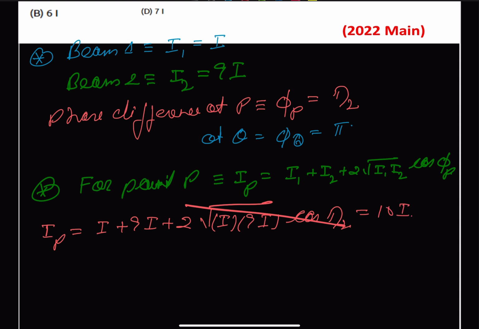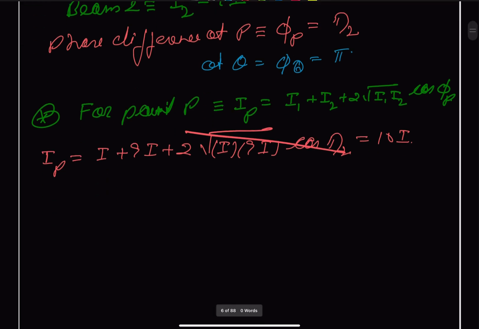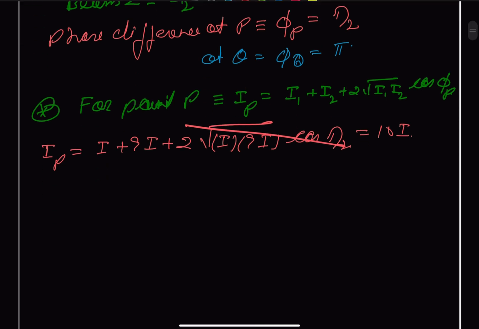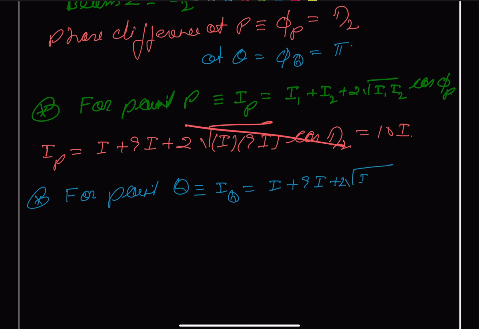Similarly, we can write for our IQ. For point Q, our IQ will be equal to I plus 9I plus twice square root of I multiplied by 9I and cos of pi.